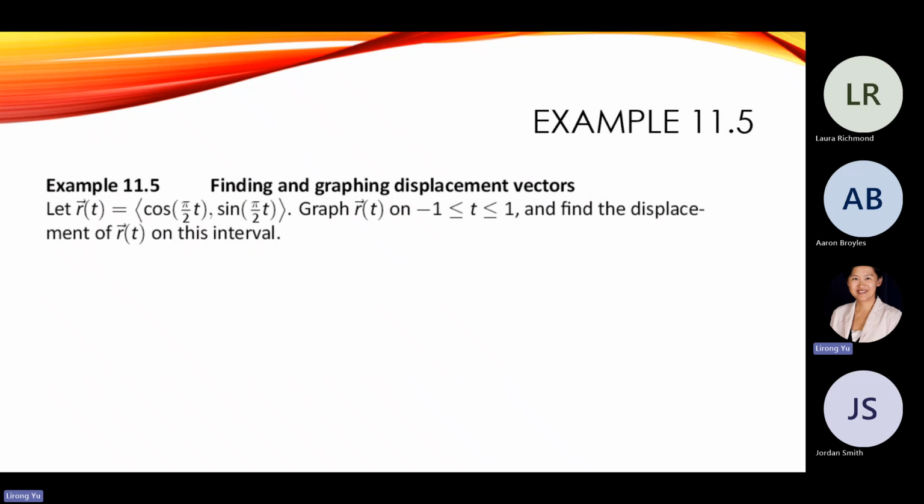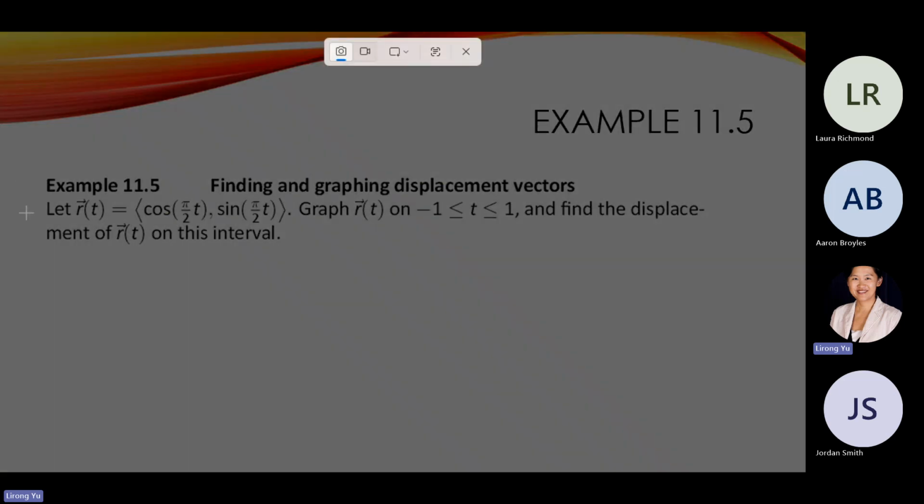This question says we are trying to find and graph the displacement vector from t equals -1 to t equals 1. We want to graph the displacement and also we want to graph the whole function and find the displacement on that interval.